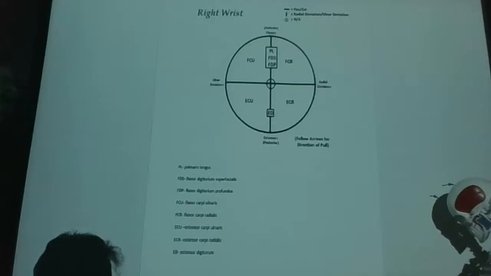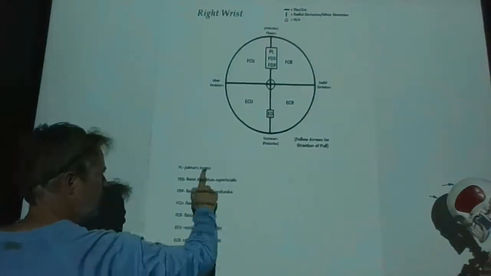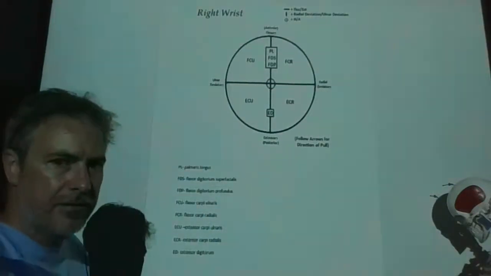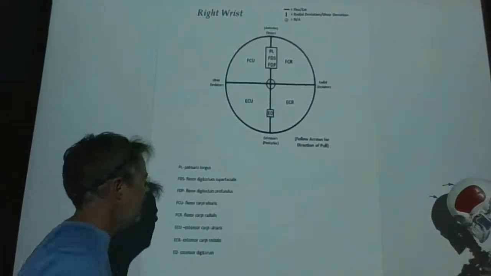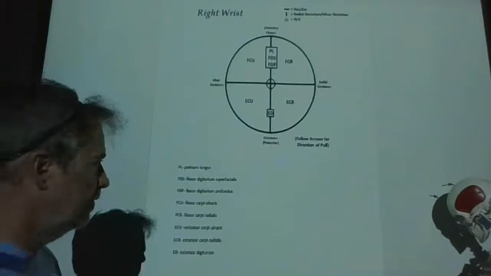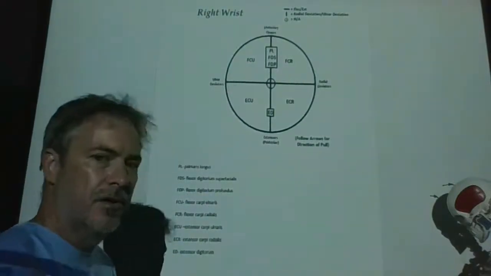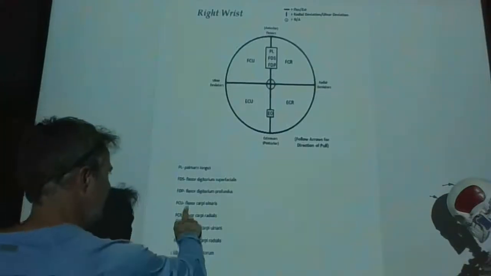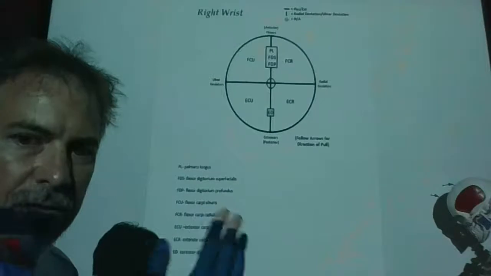What direction of motion does it pull in? Let's review if you want to add it to the side here. Palmaris longus, wrist flexor. Flexor digitorum superficialis, wrist flexor. Flexor digitorum profundus, wrist flexor. Flexor carpi ulnaris, wrist flexor, ulnar deviator.